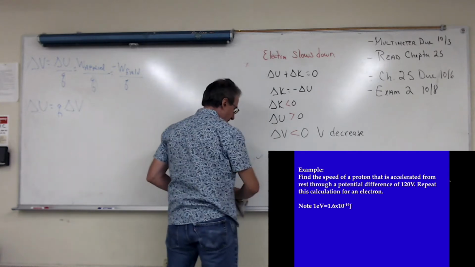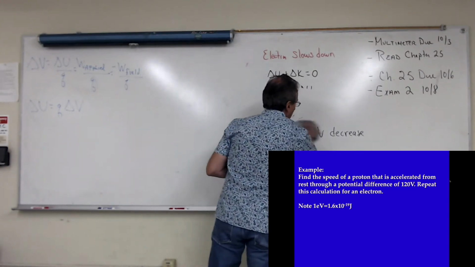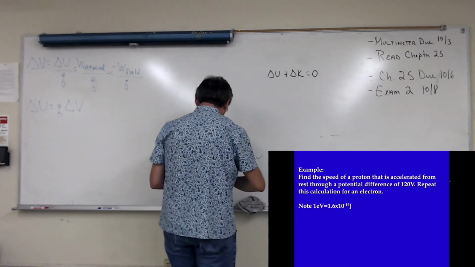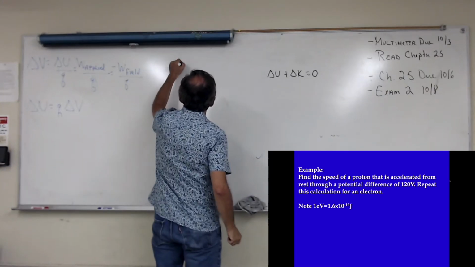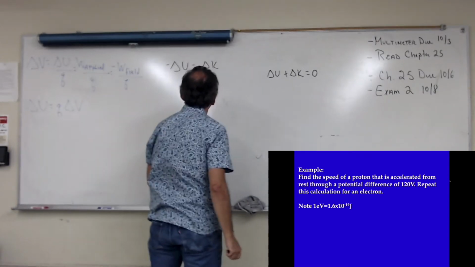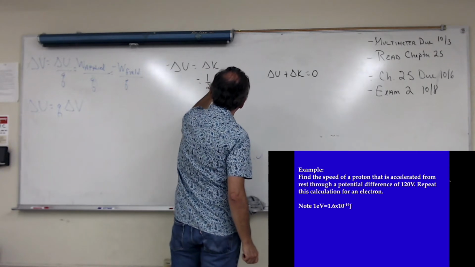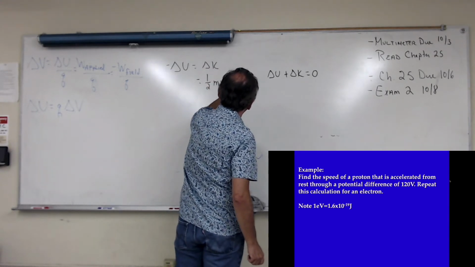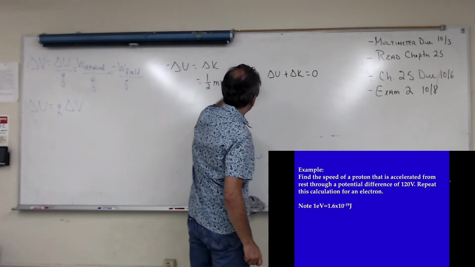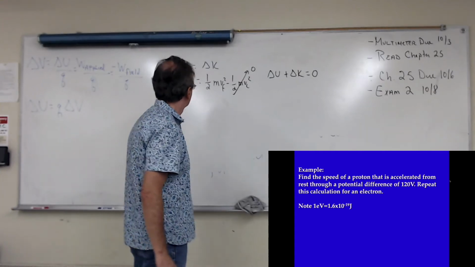I'm going to use conservation of energy. I'm going to use this equation: minus delta U equals delta K. Let's say the proton started from rest. Its initial velocity was 0.